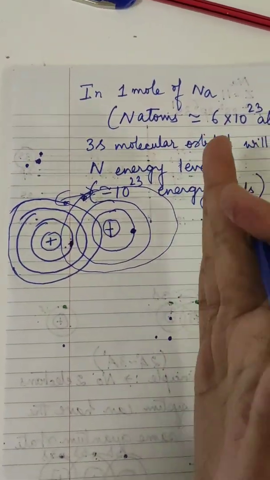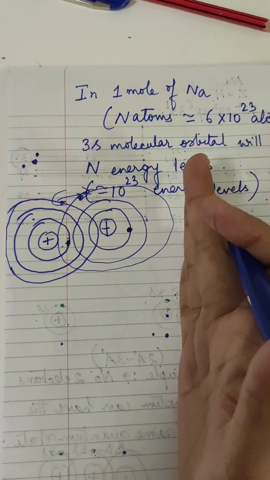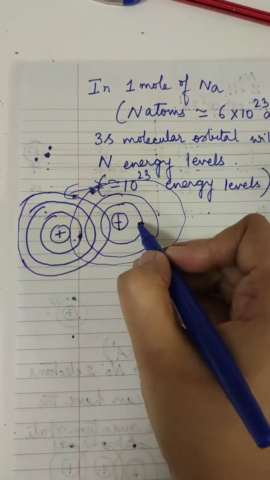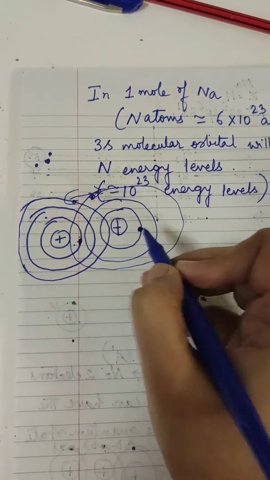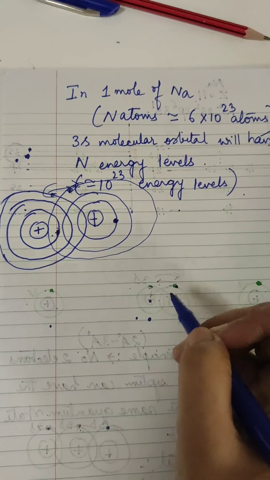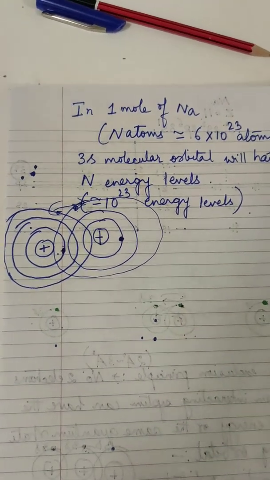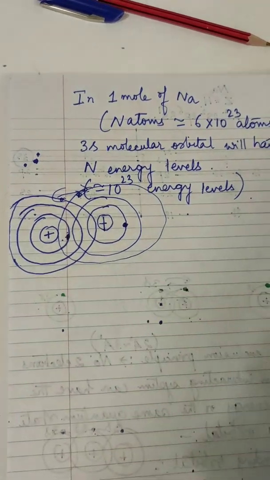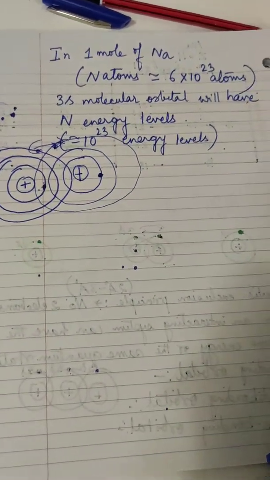When the distance between the molecules is still smaller than this minimum distance, then the inner orbitals also start splitting, but then the structure of the crystal gets distorted. Okay, I'll come to all of this one by one.